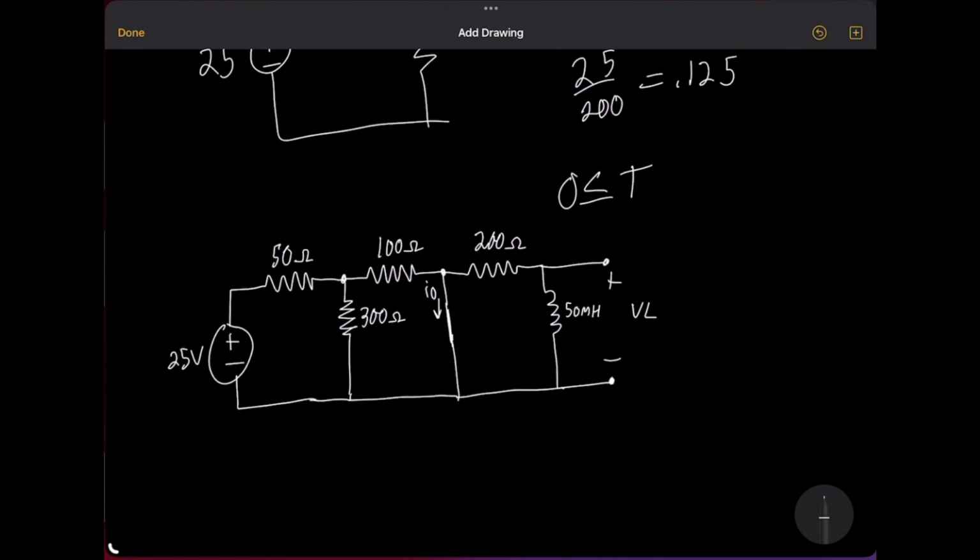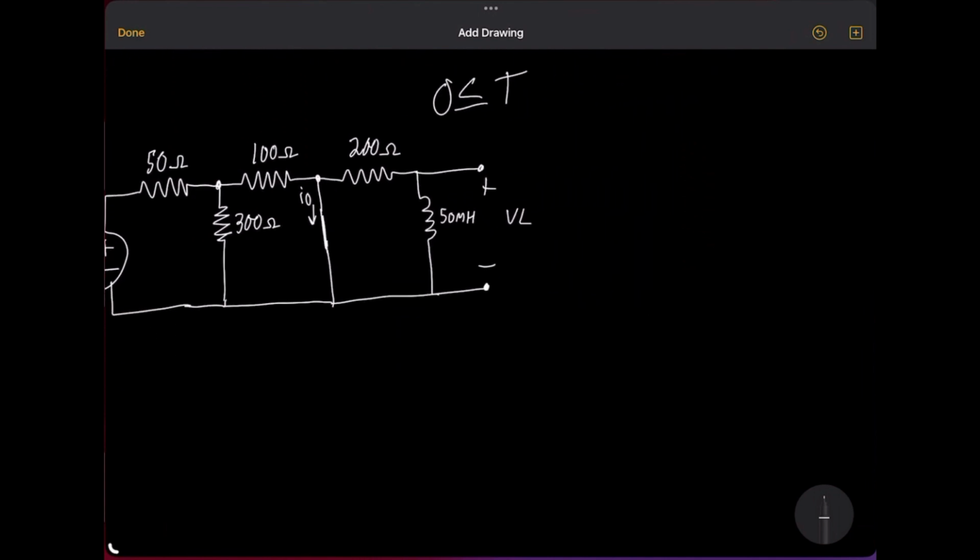So let's do a little nodal, let's figure out what the equation is going to be that we're going to write for the transient state I of t as this inductor goes through time.